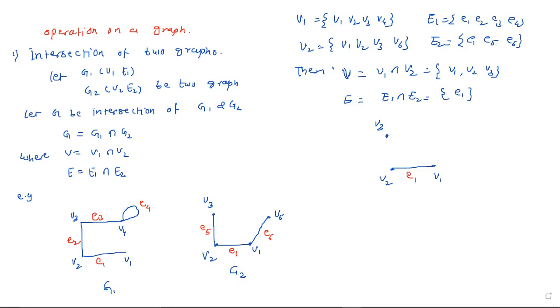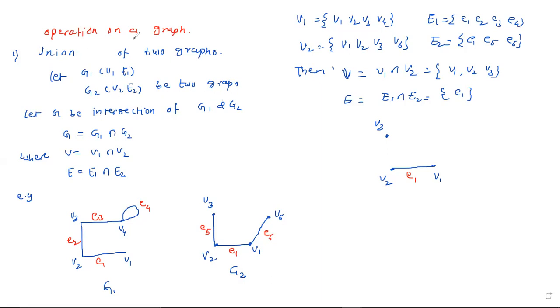Now let us take next. Next one is union of graph. Okay, union of two graphs. Okay, so suppose again we have G1, V1, E1, and we have another graph G2, V2, E2.